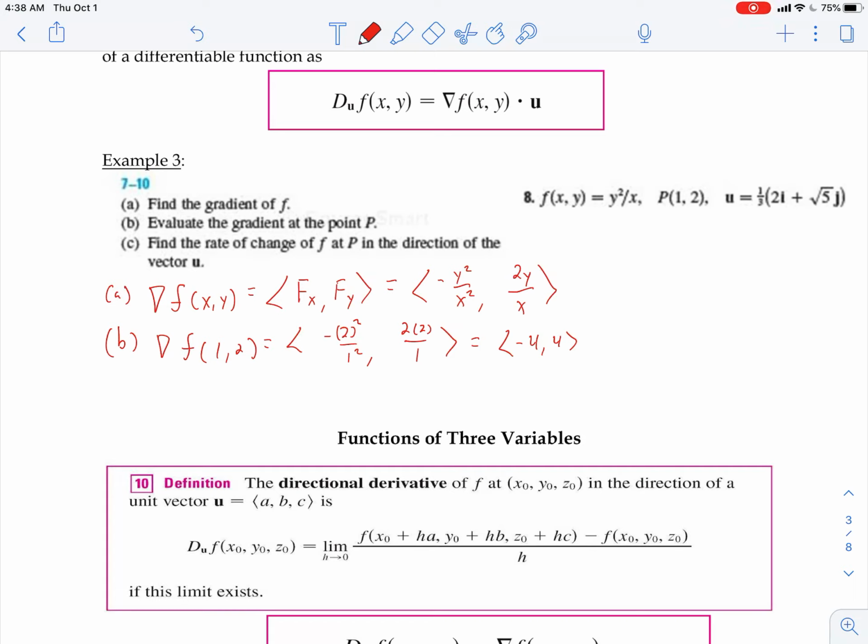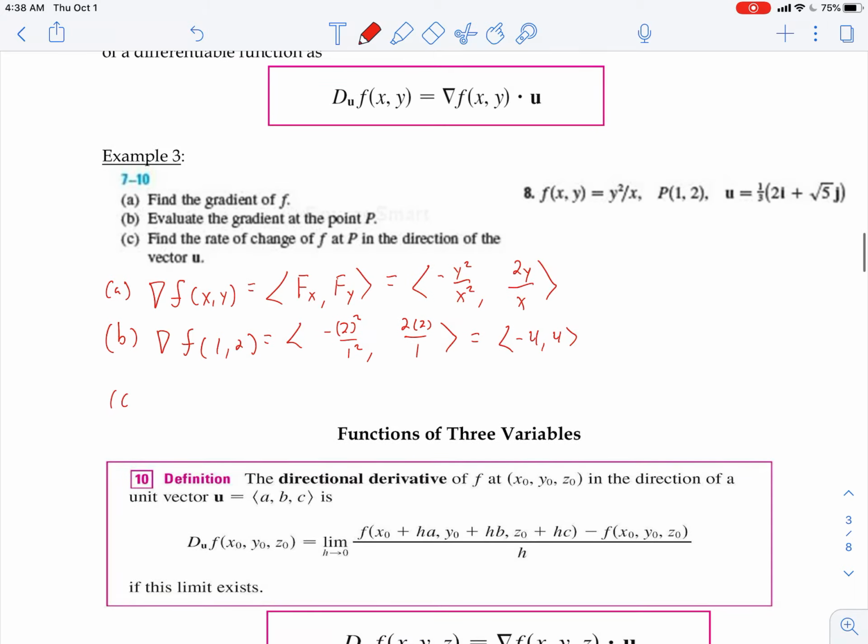And then the last bit, find the rate of change of f at p in the direction of the vector u. So basically find the rate of change. So let's find the directional derivative at this point with our gradient and our unit vector that we have over here to the right. So again, that's just going to be a dot product.